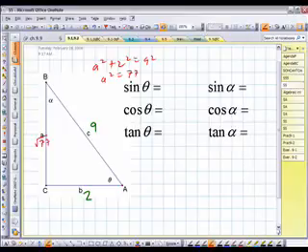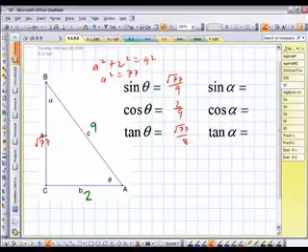So now, sine of theta, opposite over hypotenuse, root 77 over 9. Cosine of theta, adjacent over hypotenuse, 2/9. Tan theta, opposite over adjacent, root 77 over 2. Sine alpha, opposite over hypotenuse, 2/9.